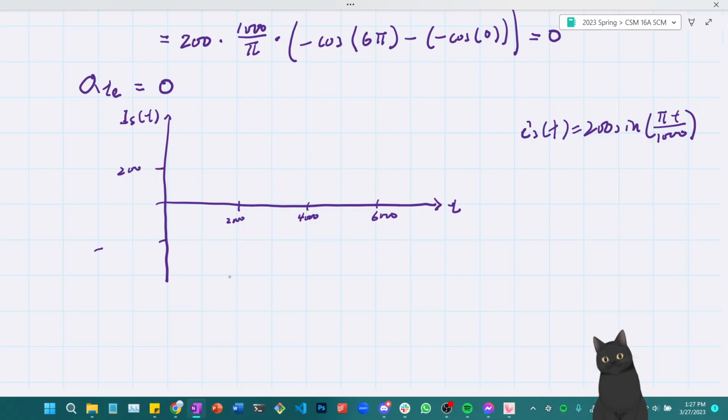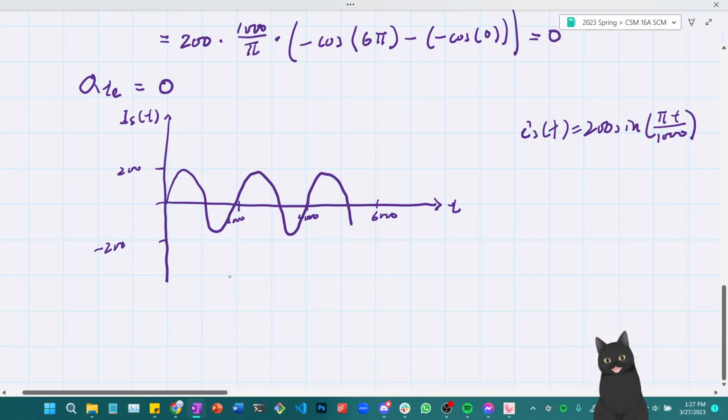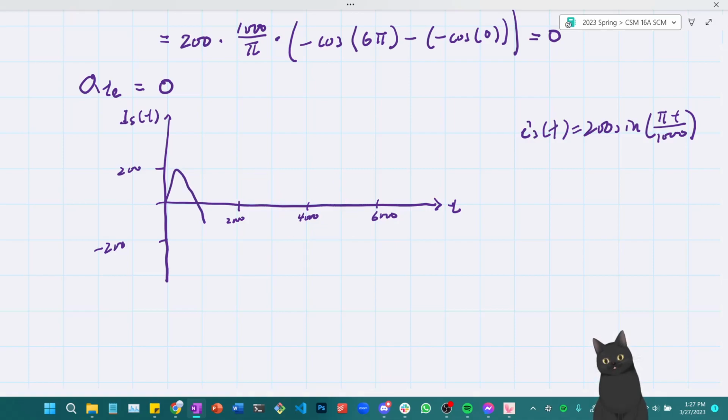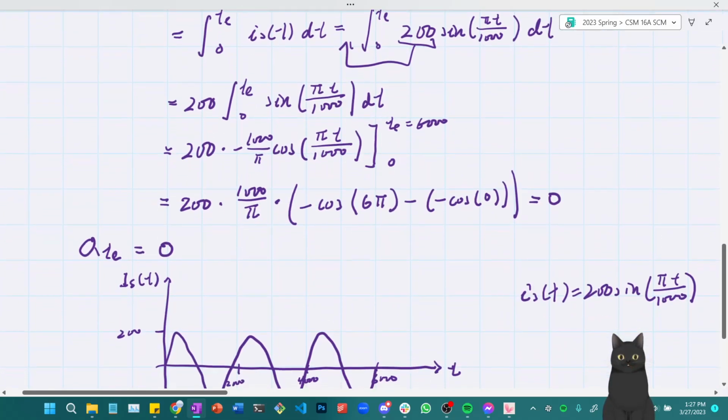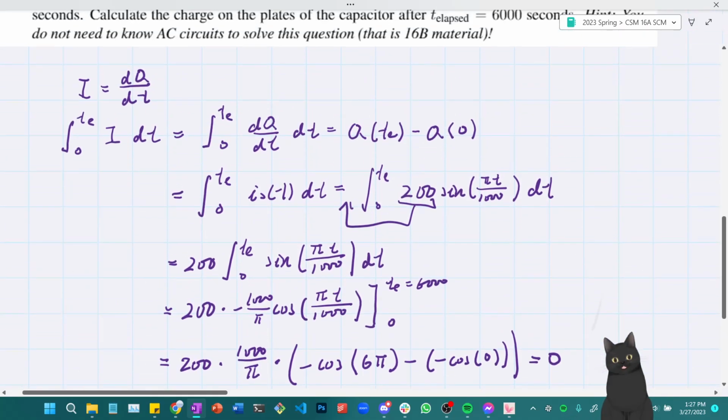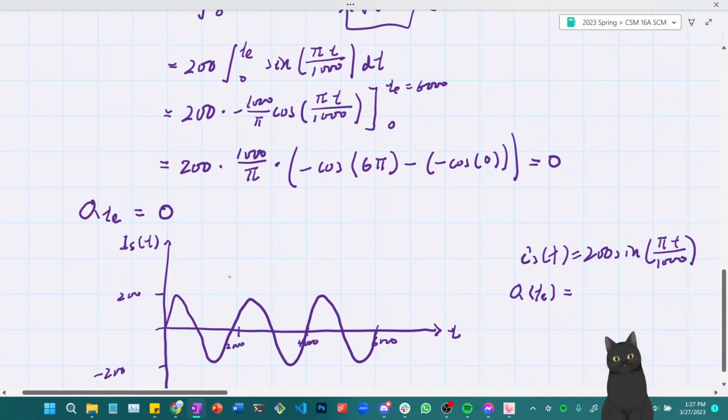I'm going to mark the amplitude here. And we're going to draw a sine wave across here, which might not be totally accurate, but note that the amount of charge we get is equal to the area under the current curve.